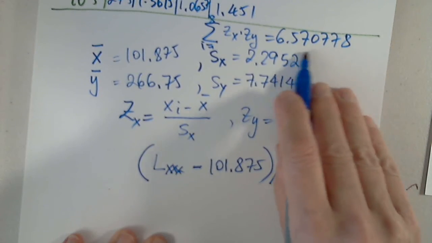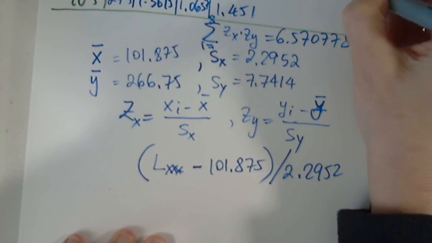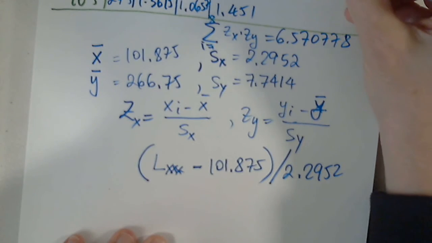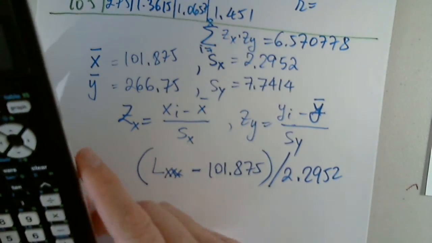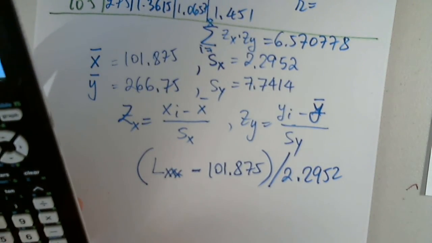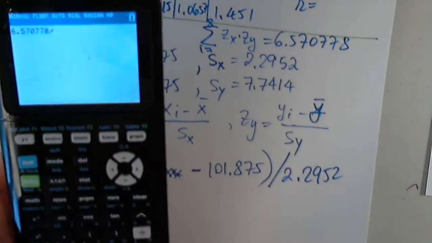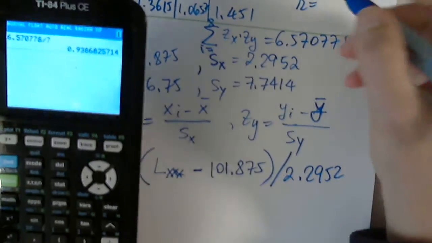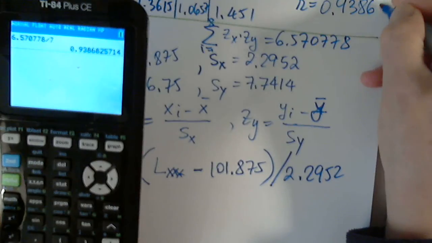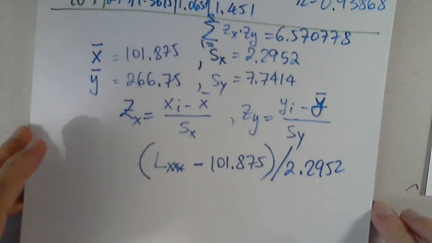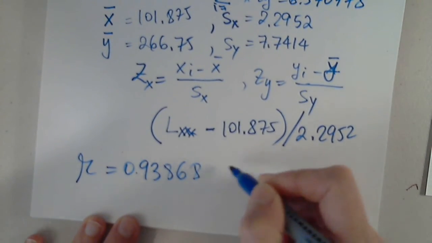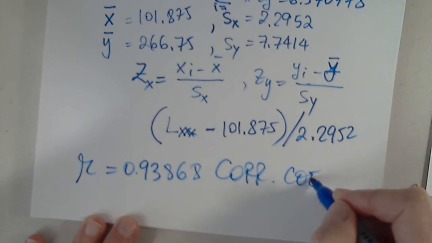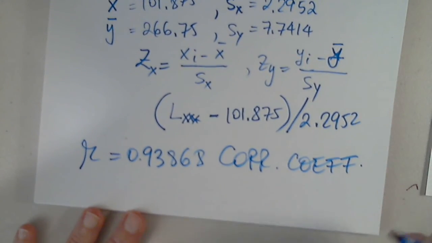R equals this divided by 7, because we have 8 entries. 6.570778, and I divide that by 7. That gives 0.93868. This is the correlation coefficient, so R equals 0.93868 for our data set.